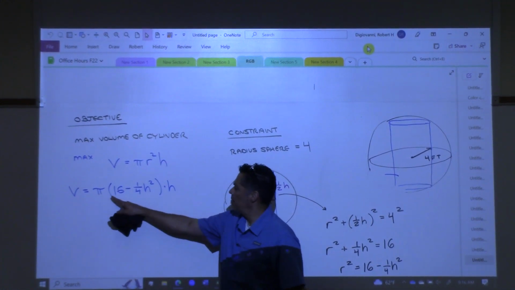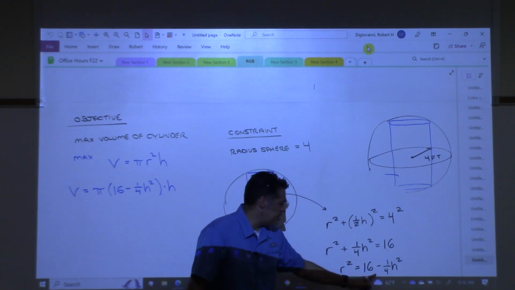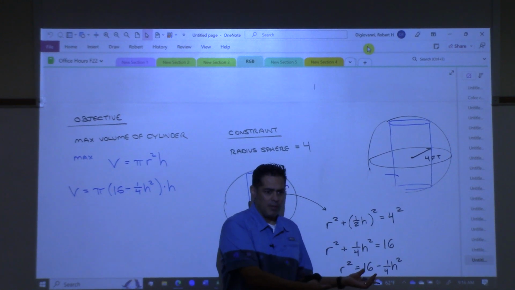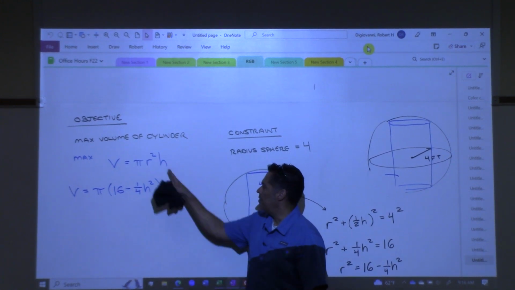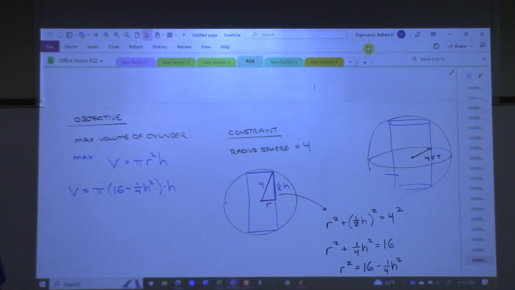So pi, that's r squared, right? R squared is this. So no, I'm not squaring it, because it's already squared in the formula. And then times h. Any questions? No? Sure.